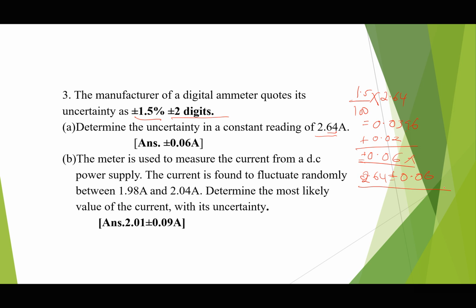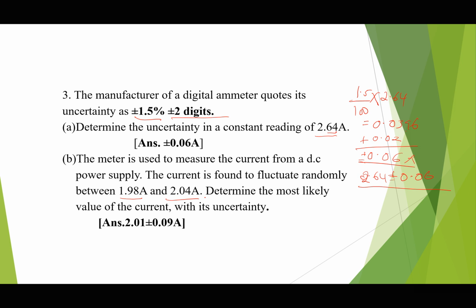Then in the second part, the meter is used to measure the current from a DC power supply. The current is found to fluctuate randomly between this value and that value. Determine the most likely value of the current. Of course, the most likely value is the average value.